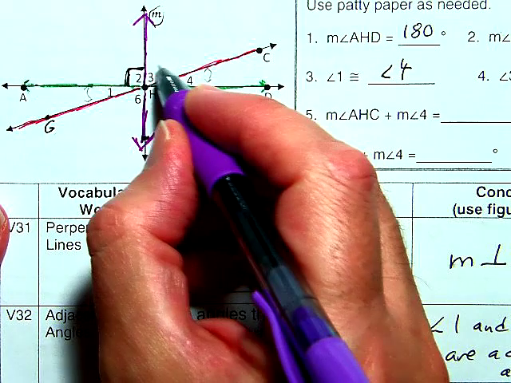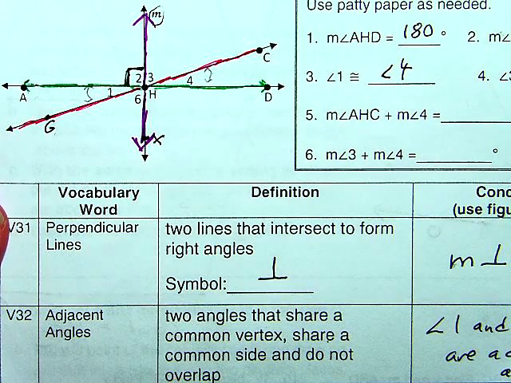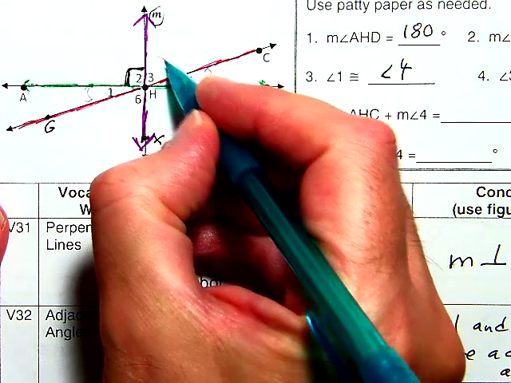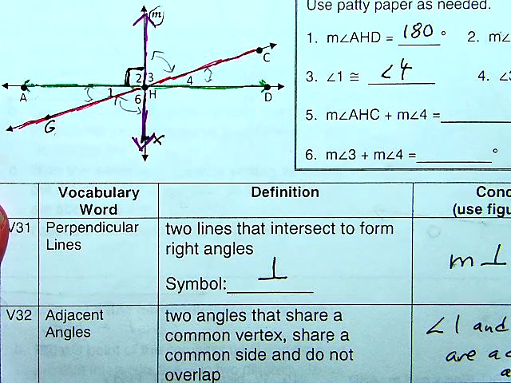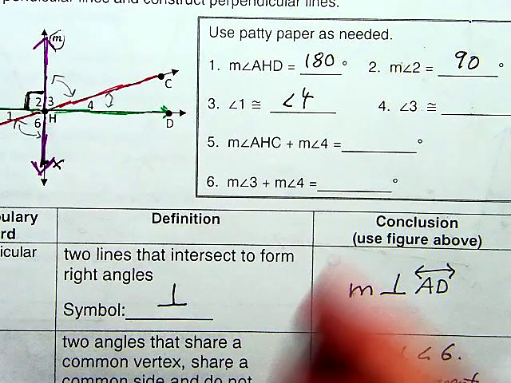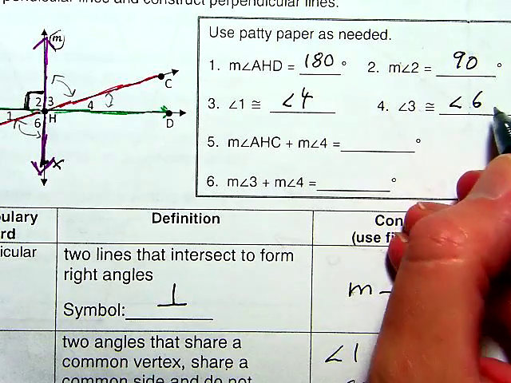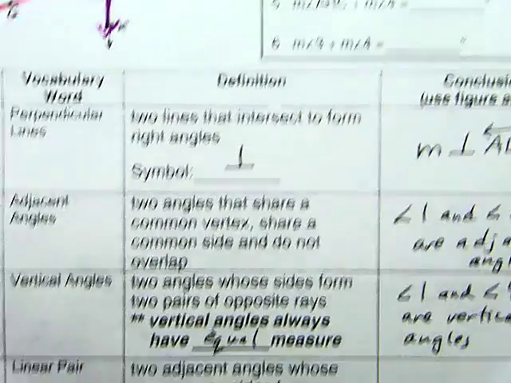So therefore, angle 3 and angle 6 are also vertical angles, and therefore they are also congruent to each other. So we can say that angle 3 is congruent to angle 6. So let's write that in for number 4.